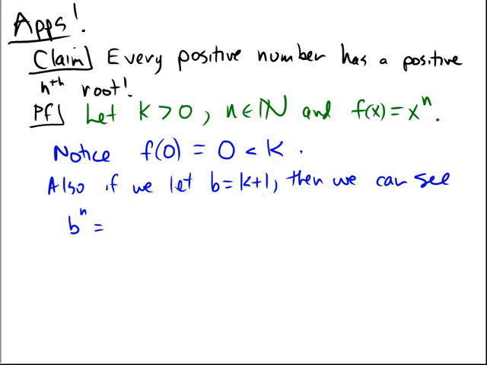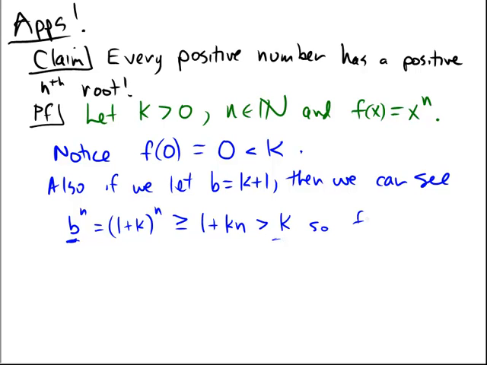Since b is equal to k plus 1, this would be 1 plus k to the power of n. 1 plus k to the power of n is bigger than 1 plus kn by Bernoulli's inequality. And since n is a natural number and 1 is a positive number, this is certainly going to be bigger than k. So we have that f of b is bigger than k.